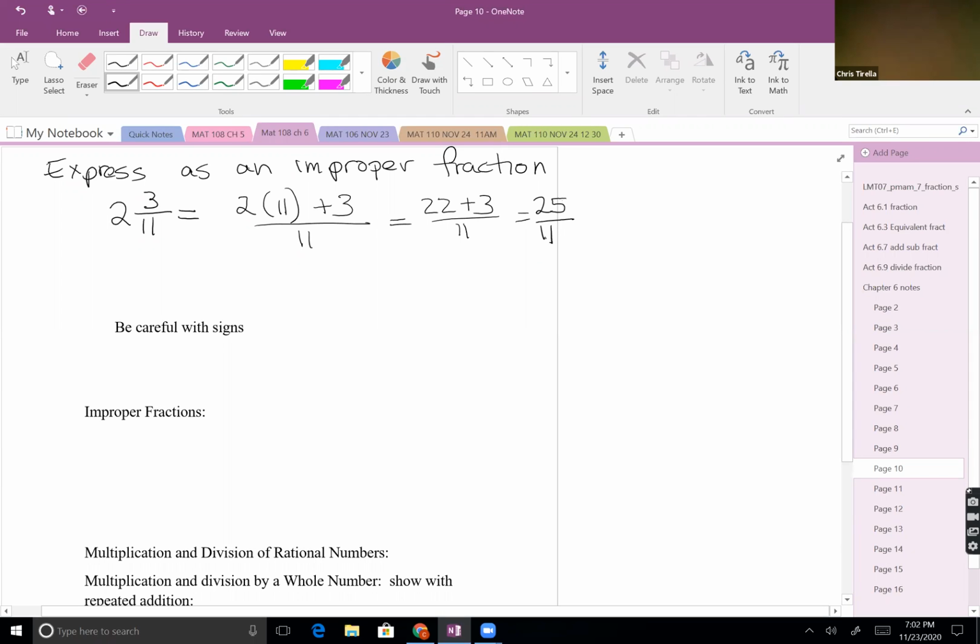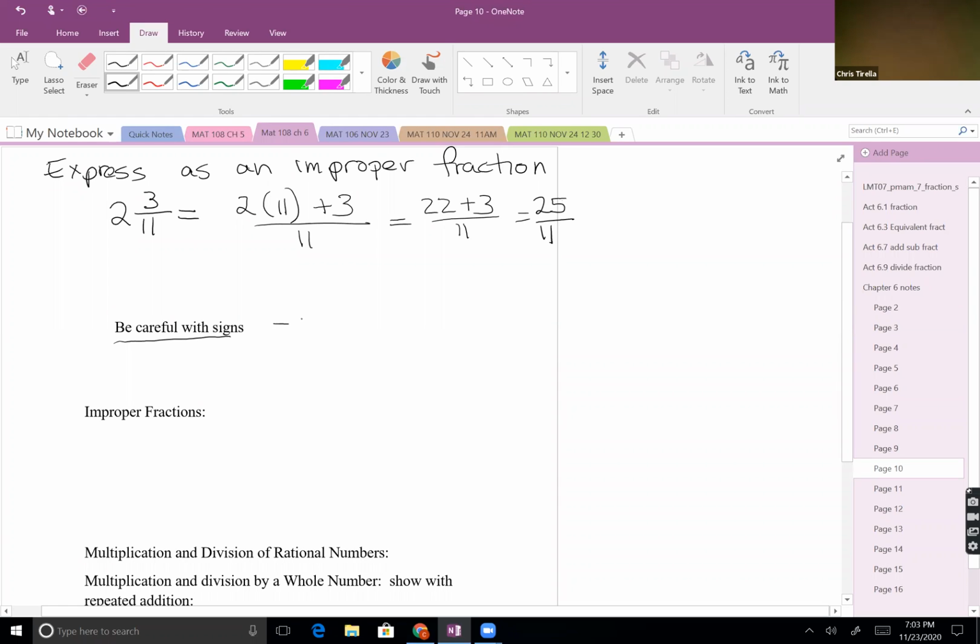I think that as you got older and your mathematical skills became more sophisticated, you realized that a lot of times it was difficult to show mixed numbers with signed numbers. You have to be careful with your signs.